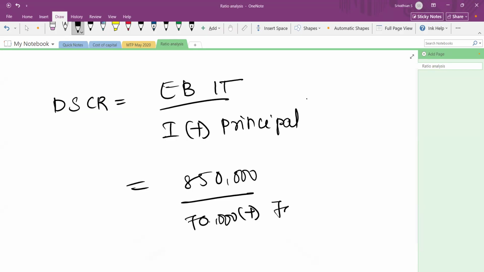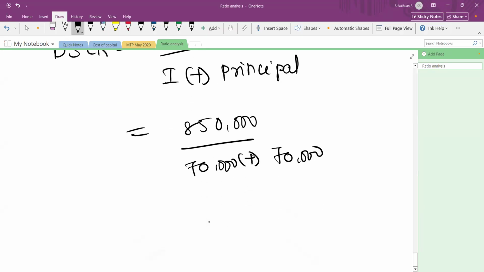So, 70 plus 70, how much do we get? 6.07 times. So, what does it mean? It means that your EBIT is 6.07 times greater than your interest and principal repayment obligation. Clear? Any doubt? Did everyone understand?